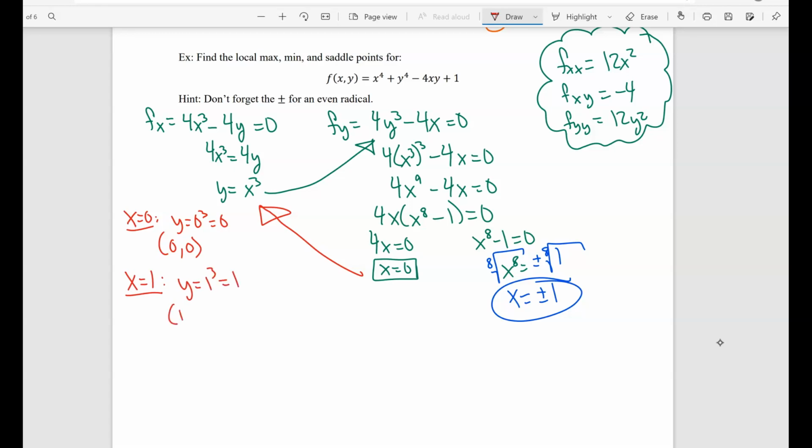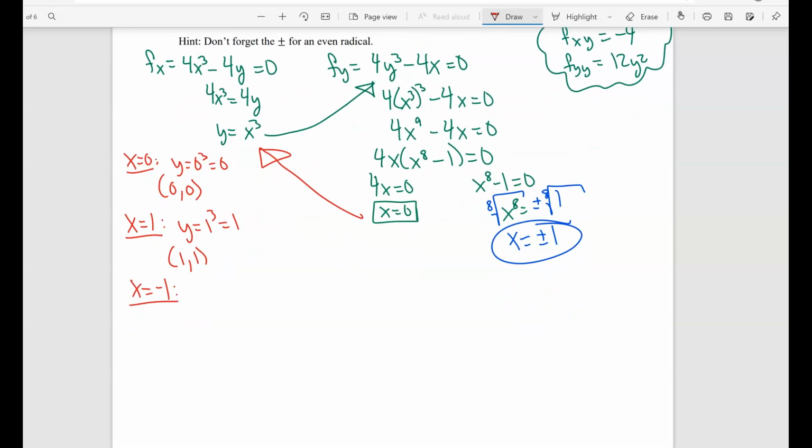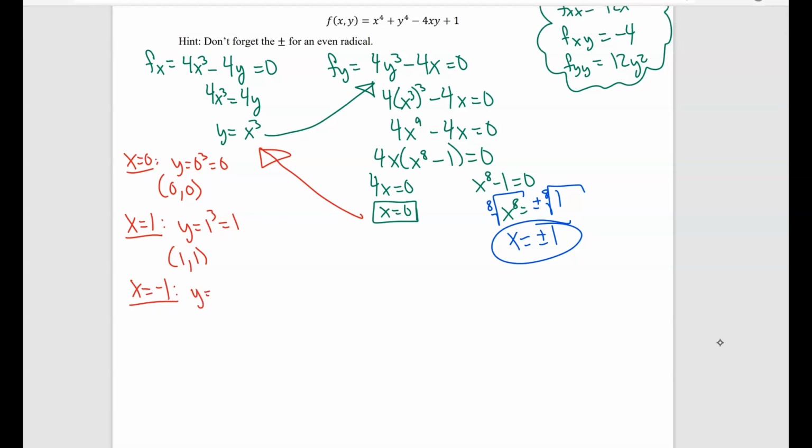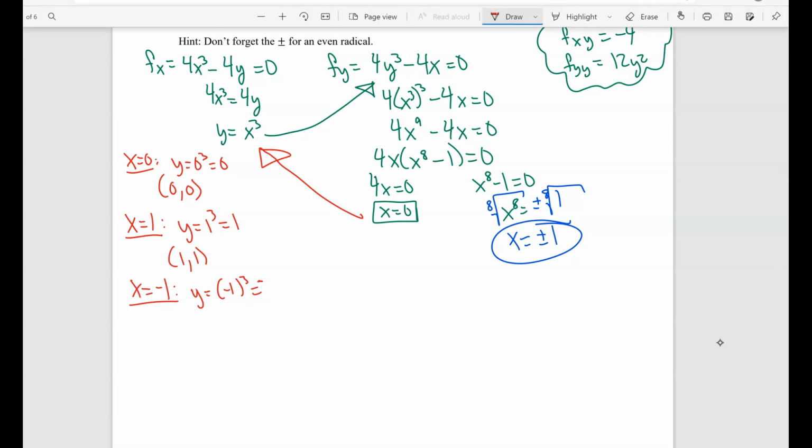So we got the point 1, 1. And then we plug in x equals negative 1: y equals negative 1 cubed equals negative 1. Sorry, that's correct. So we got the candidate negative 1, negative 1. So we got 3 different candidates, 3 different points that we got to classify.